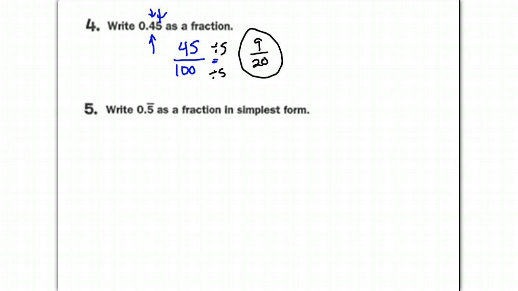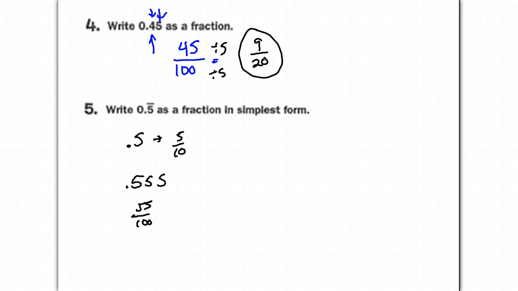The next thing we're going to talk about is writing decimals that repeat as a fraction in simplest form. Now a lot of people will think, oh, it's just 0.5, so that's 5 over 10 because it's in the tenths position. So 5/10 is 1/2, and we got it. But really, that 0.5 keeps going on forever. If we stop at certain places, we could write that as 55 over 100.